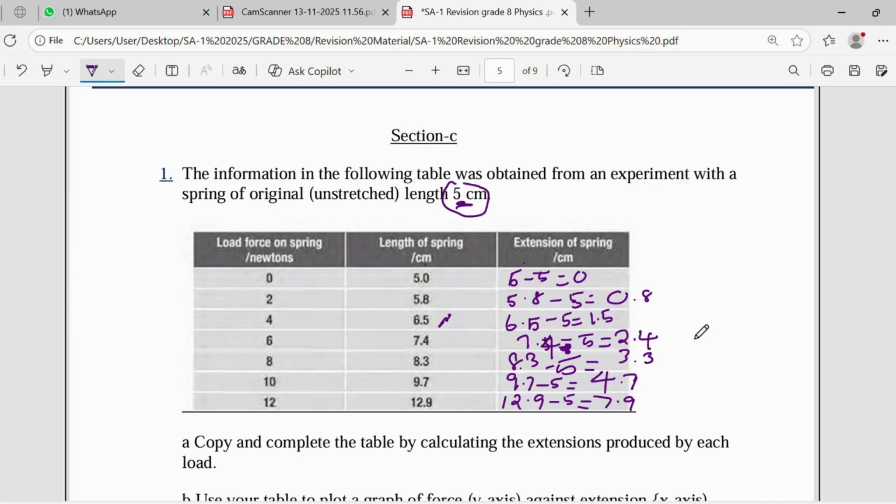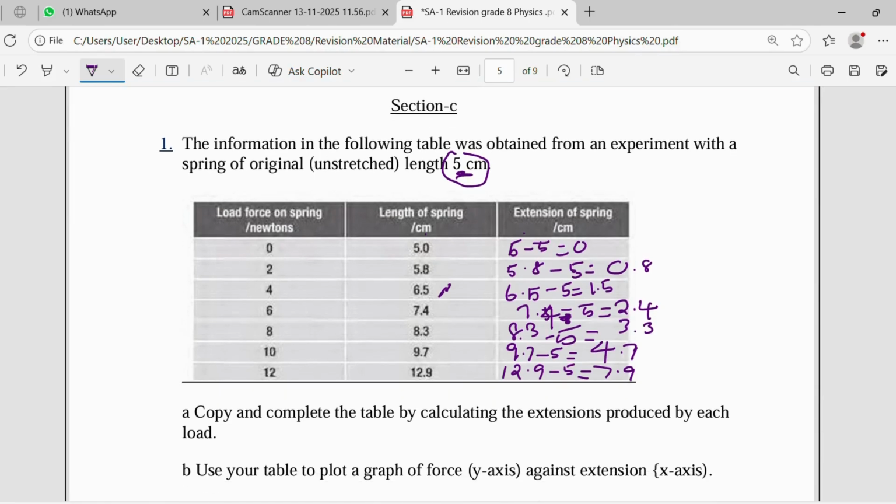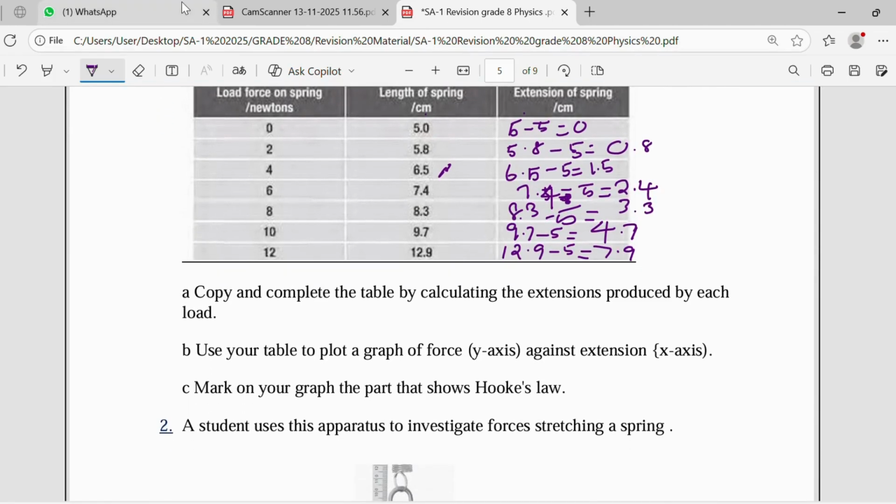Okay, so this is the extension of the spring. How did you get the extension of the spring? You just subtract the original length from the length of the spring. So that's the first part of the question. Now the second part is to use your table to plot a graph of force.